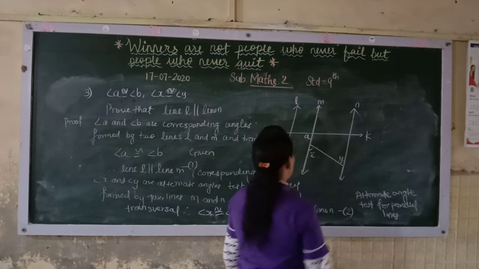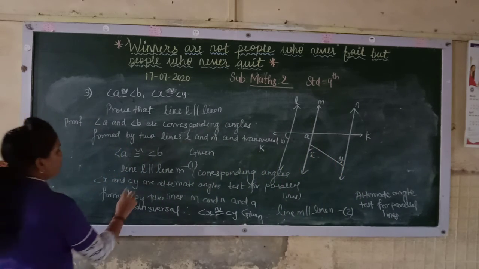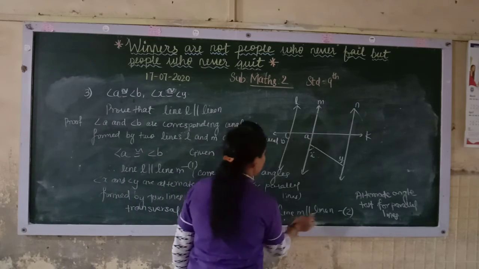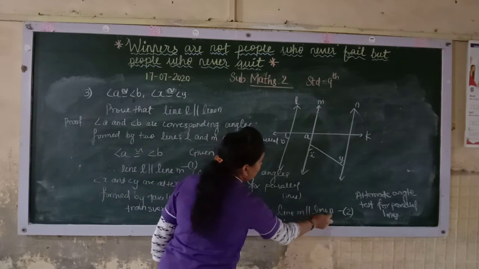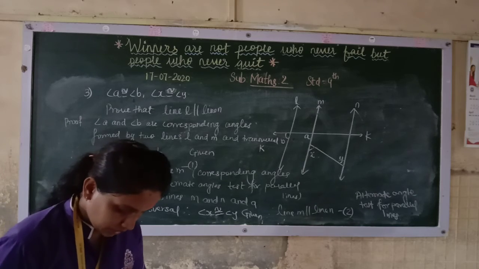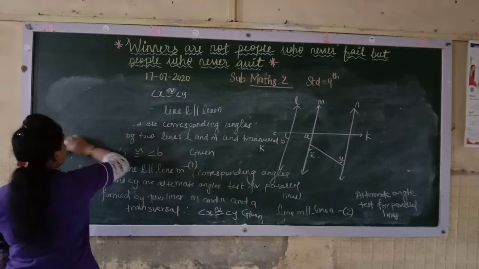Now see, from 1 and 2, what you will get? From 1 you are getting L is parallel to M. From 2 you are getting line M is parallel to N. So ultimately you will get that line L is parallel to line N. That is only what we wanted to show. So what you will write?